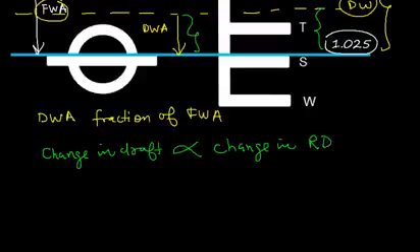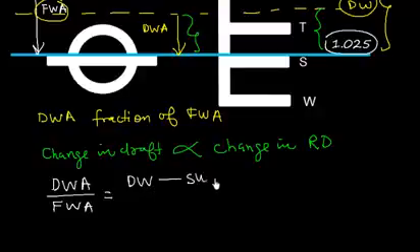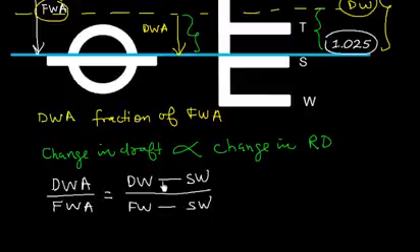So well, I can write like this: dock water allowance divided by freshwater allowance is the change in density from dock water to salt water divided by change in density from fresh water to salt water.